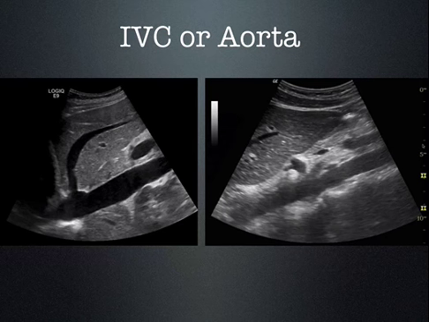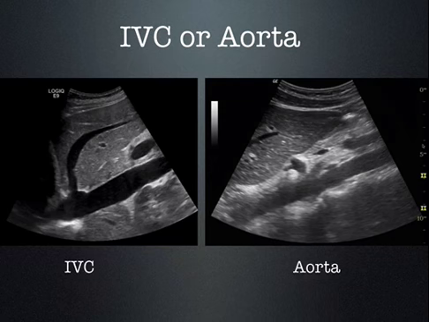Here's liver on both sides. We also see here very nicely a very large hepatic vein, and I use that image just to accentuate that they don't always look this big. But if you look very carefully, you'll see a little notch in the proximal IVC, and that's where the hepatic veins enter into the vena cava. So that'll help you differentiate the two. So that's the IVC, and that is the aorta.